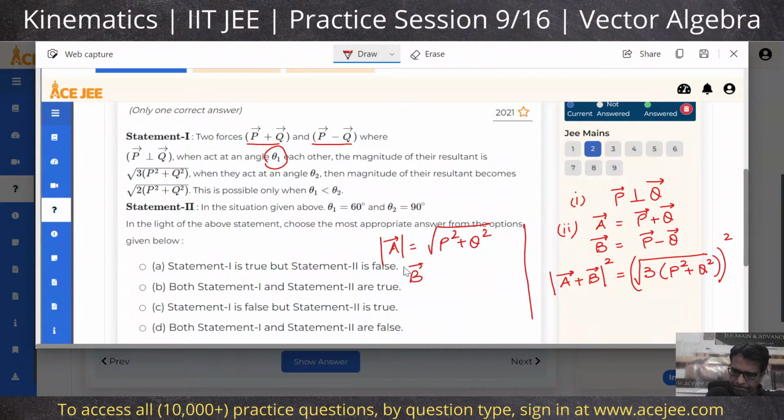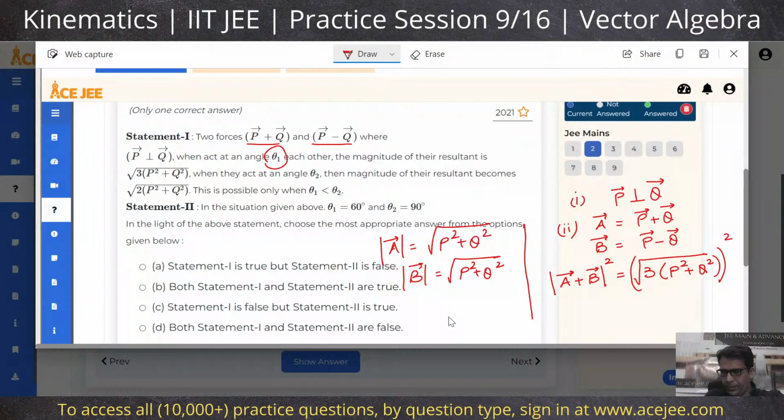So, sir, A plus B will be A square plus B square plus 2AB cos theta 1. Yes, sir. So, now we are taking out A plus B. Okay. So, sir, A plus B will be under root of A square plus B square plus 2AB cos theta 1.